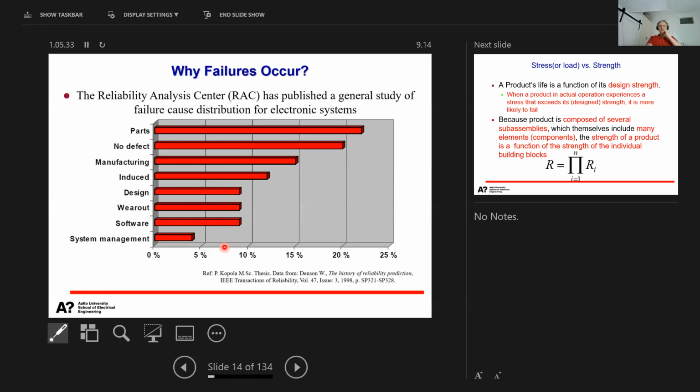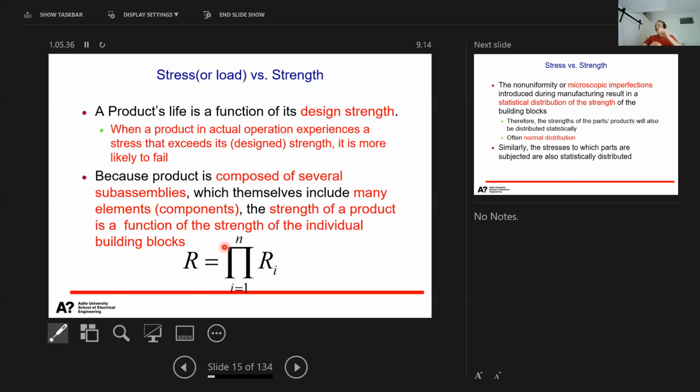Okay, so let's jump into this stress versus strength approach. And here I also added this load. Even the definition which was discussed last time is that the stress is kind of the extent of the load. But here I would like to emphasize that now the stress is not only mechanical stress.